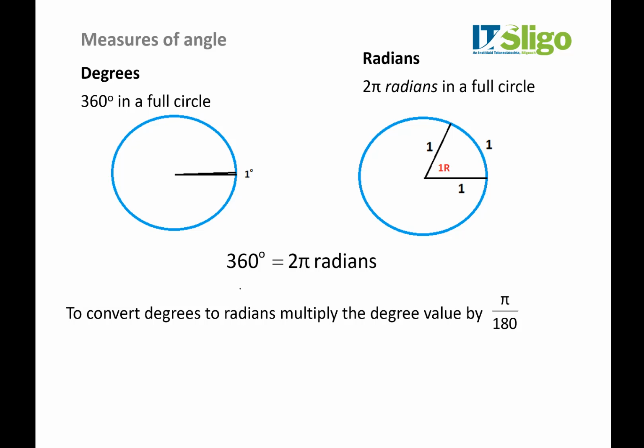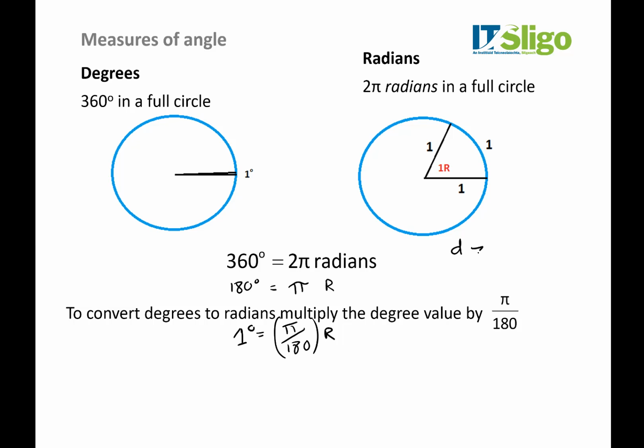So to convert, I'll just write that again. 180 degrees is pi radians. So now if I want to get radians on its own, if I want to convert degrees into radians, I want to say, well, what's 1 degree? Divide both sides by 180. And I get this. So to convert degrees to radians, we multiply. 1 degree is this many radians. So we just multiply. That's our conversion factor.